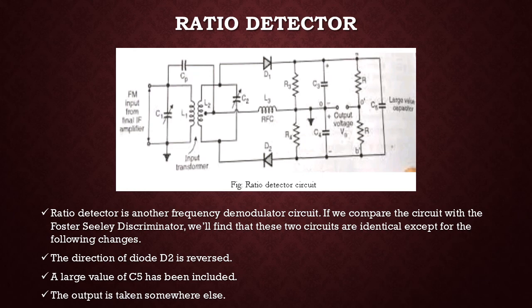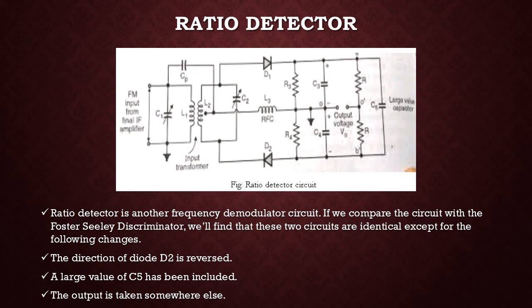Number one, the direction of diode D2 is reversed. Number two, a large value of C5 has been included. And number three, the output is taken somewhere else.